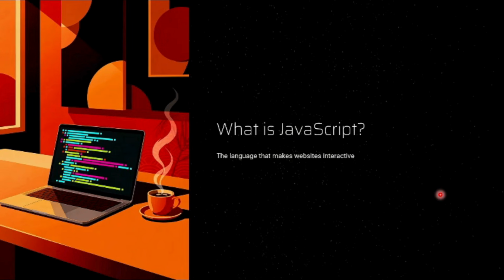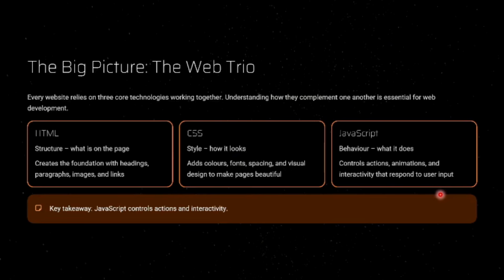So, what is JavaScript? As I said, JavaScript makes our web application, web pages interactive. That's the simplest definition I can point out. As I was talking about HTML and CSS, HTML helps us to structure our web page, CSS helps us to style it, and JavaScript is the one behind the scenes doing all the magic. It adds behavior.